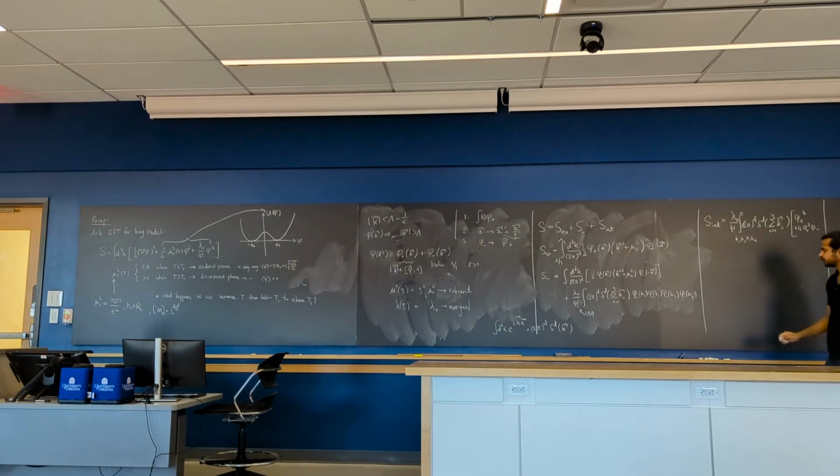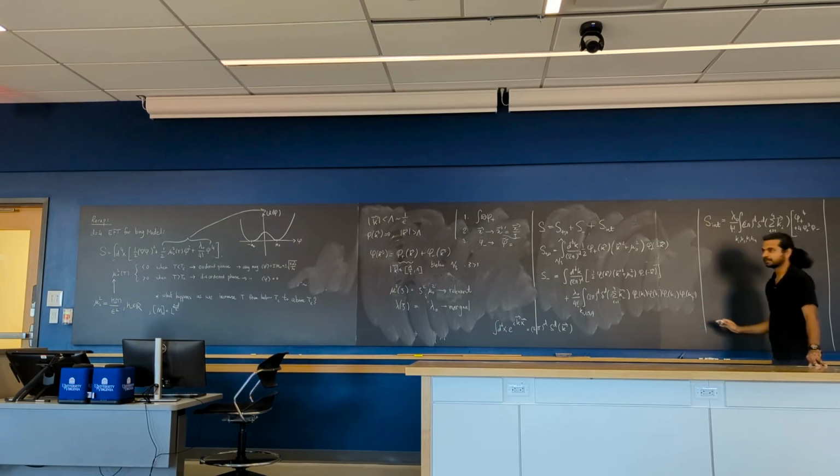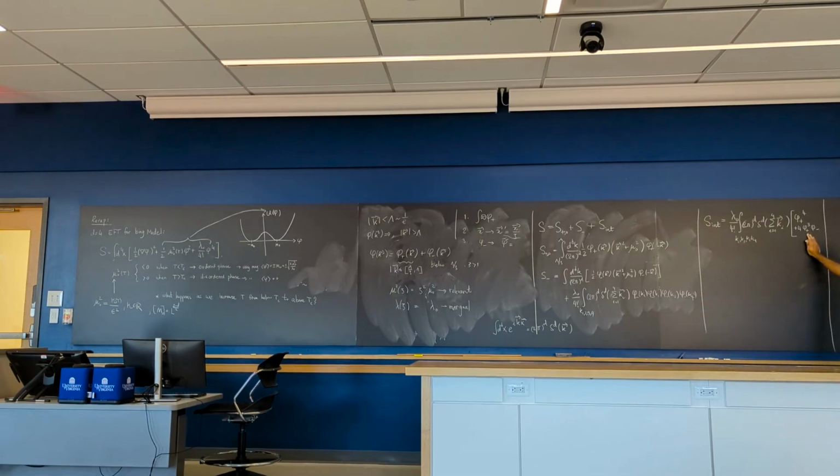Why is it 4? Because all the k1, k2, k3, k4 are identical, so all combinations can be lumped into just one term. Is that okay?